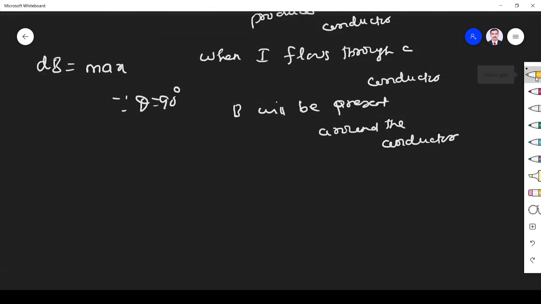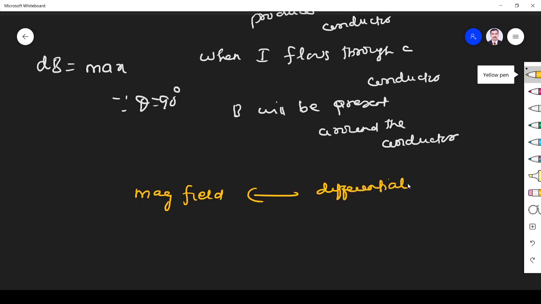So the magnetic field is a result of a differential current element. Whereas we know the electric field E is due to the charge, because E is equal to kq by r square.